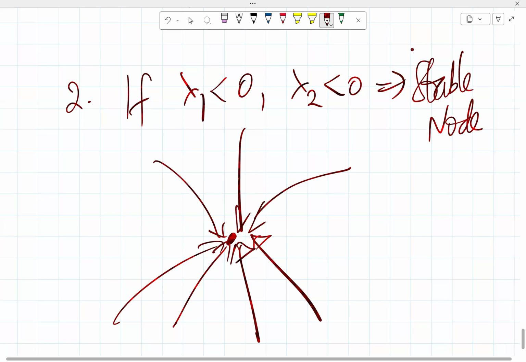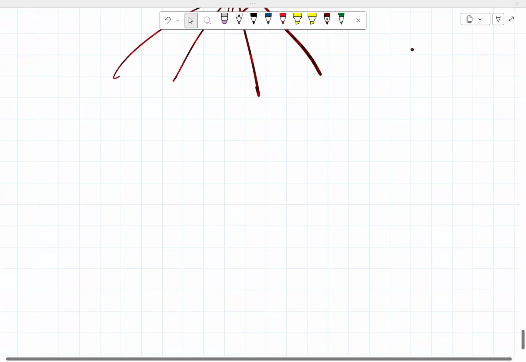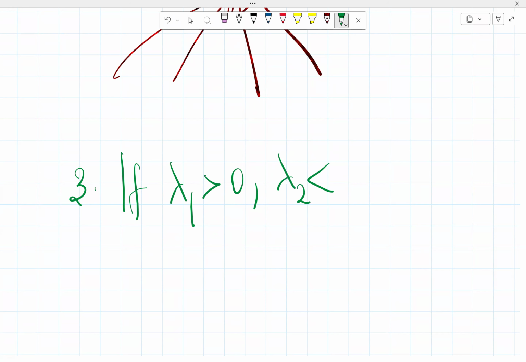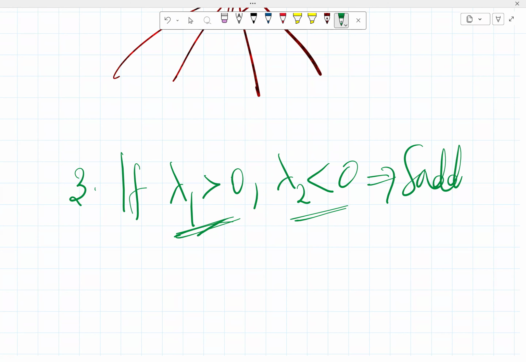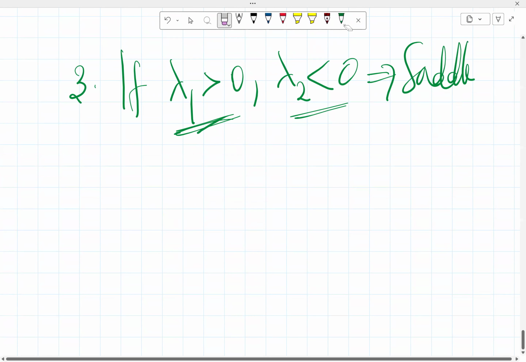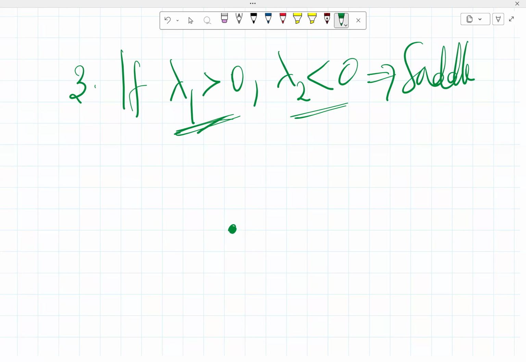Okay. Then you can have a saddle if you have conflicting signals. Say lambda 1 is greater than 0, lambda 2 is less than 0. So this one is going towards divergence, and this one is going towards convergence. Overall, we call it a saddle point, more like a saddle node in short. So imagine the node now. Some points are coming, and when they come here they get diverted away.